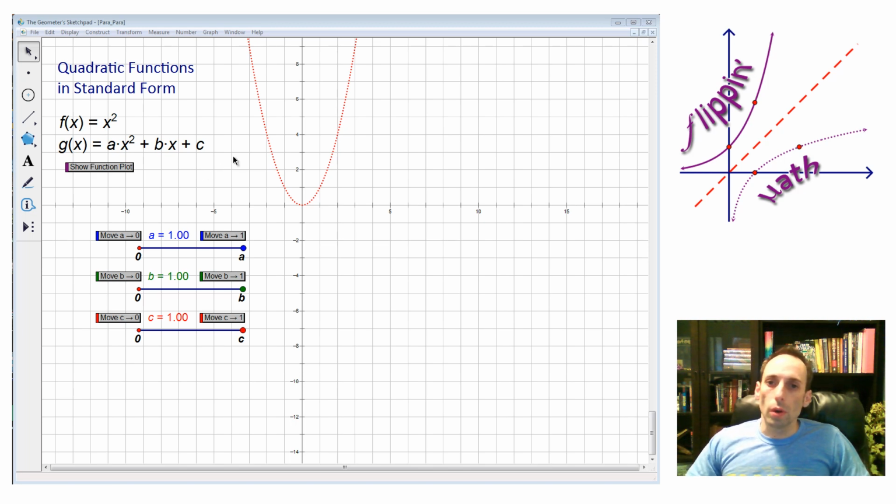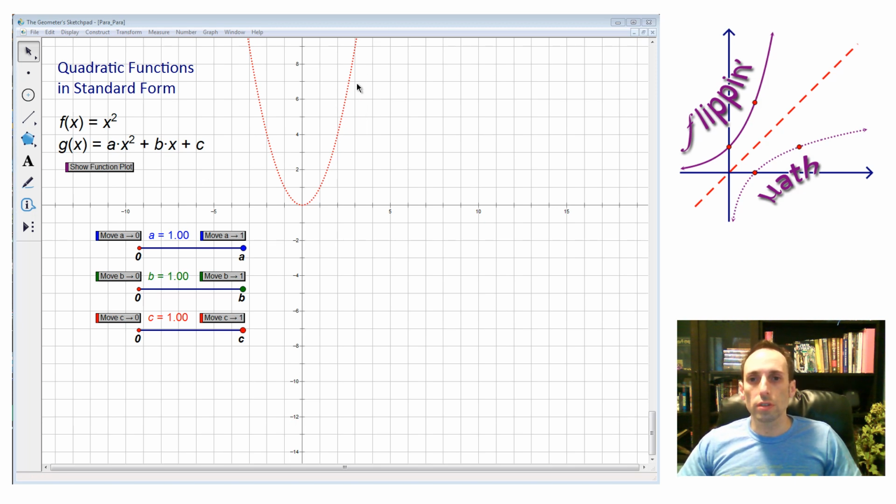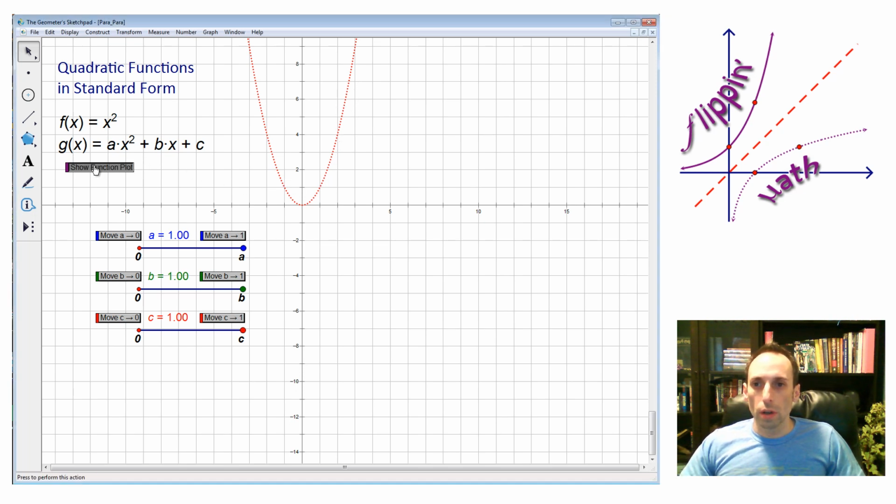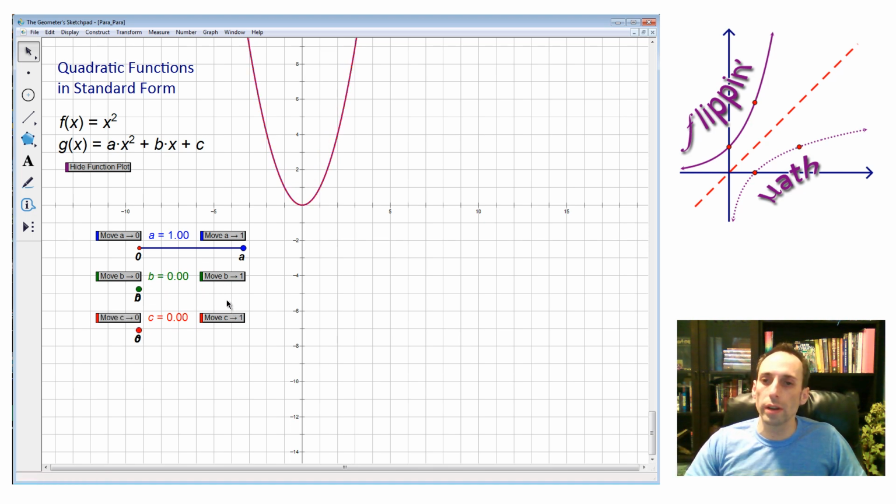Okay, so first I have graphed in red right here the quadratic parent function, just simply y equals x squared. So let's go ahead and show the graph for ax squared plus bx plus c. And right now my a and b and c are all set to 1. Let me go ahead and move my b to 0 and my c to 0.